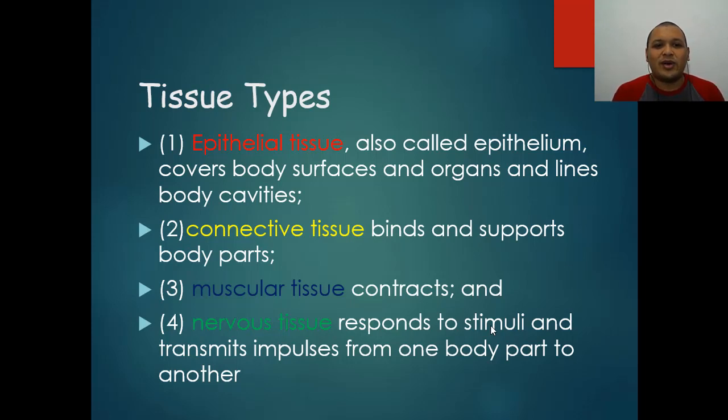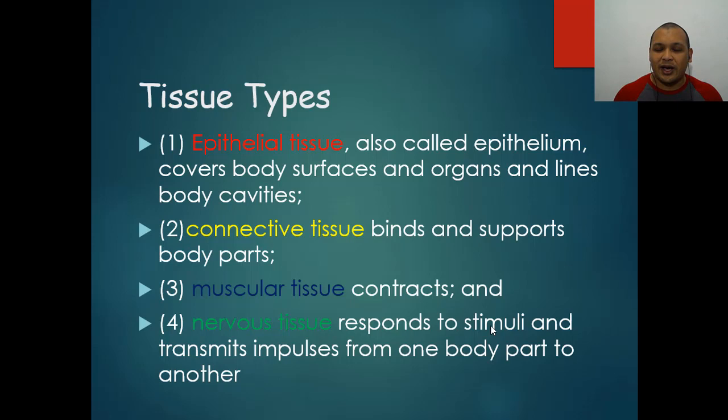Then the second one is what we call connective tissue. The function of these tissues is to bind and also to support the body parts. The third is muscular tissue, and its function is mostly for contraction. And the last is nervous tissue, which is to respond to stimuli and to transmit impulses from one body part to another.